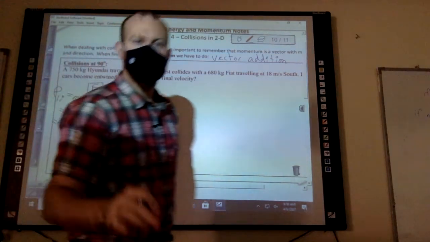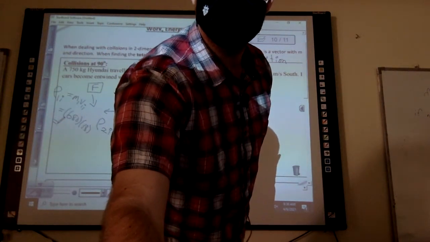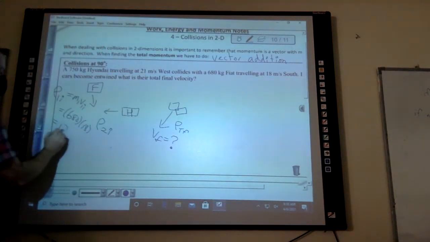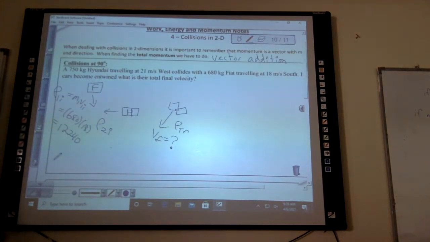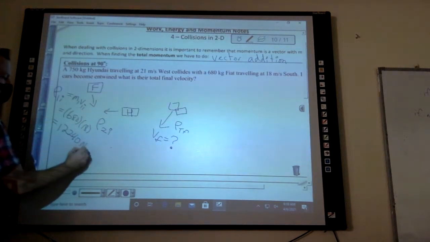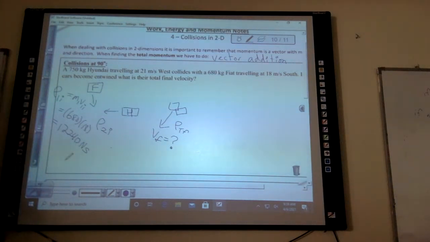Plug that in the calculator. What did I get? 12,240. Anyone remember the unit for momentum? Newtons times seconds or kilogram meters per second. Either one's fine. It doesn't really matter.